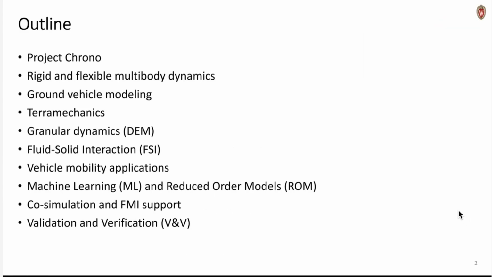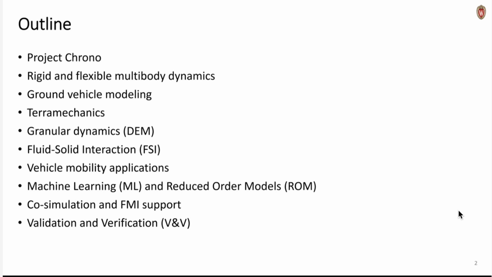Now, this is a very long outline. As I said, I have probably 90-some slides. I am not going to go through all of them, but skip some. I'll make these slides available so that you have the full set if you want to look through the ones that we don't get to.